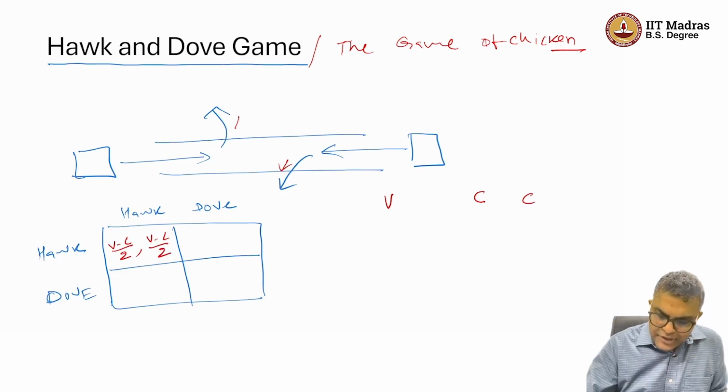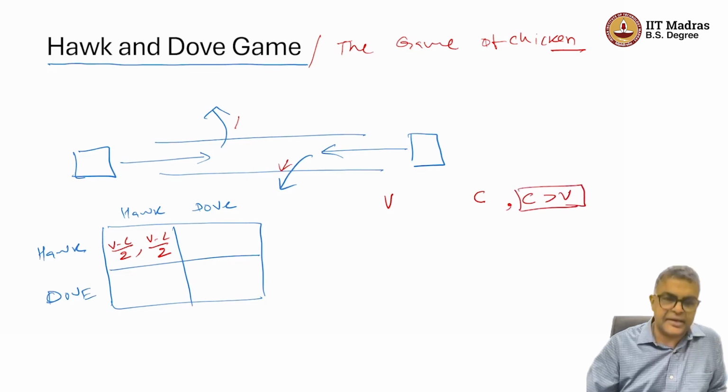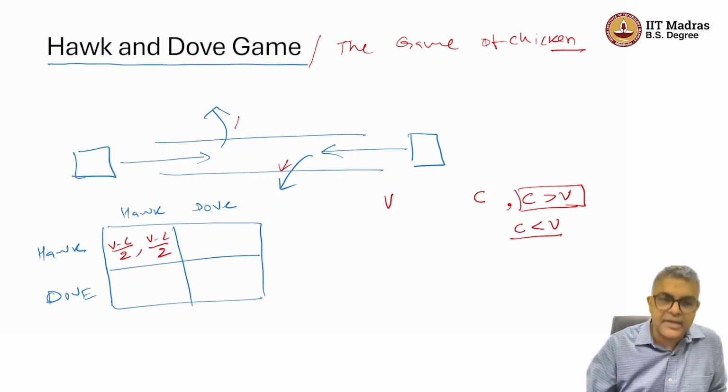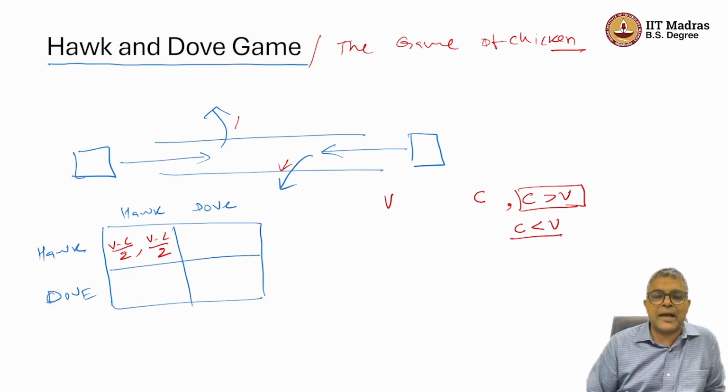We should also assume that C is greater than V. It is very costly to continue doing that, because if we take C as less than V, then you will have the prisoner's dilemma game. That's why we are assuming this one and not this one.